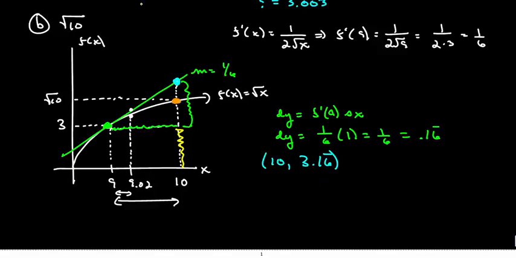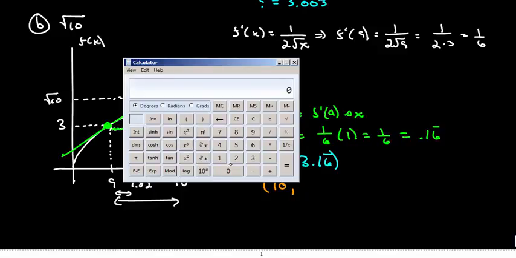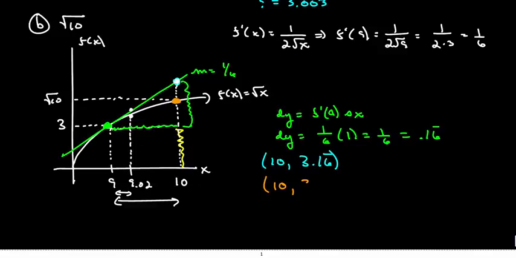The actual value is at 10, square root of 10, and the square root of 10 is 3.162. So you notice that this guy is the actual value, this guy is the approximation using a linear approximation. So we came up with a number that's very close to the square root of 10. Okay, this is the actual square root of 10, but we came up with a number that was close to it by using the tangent line as an approximation.